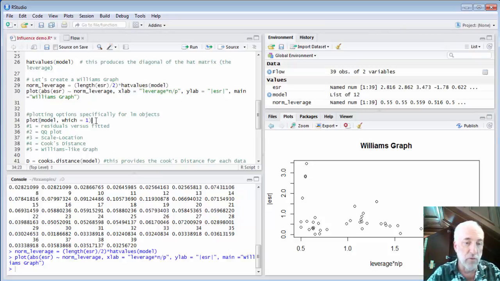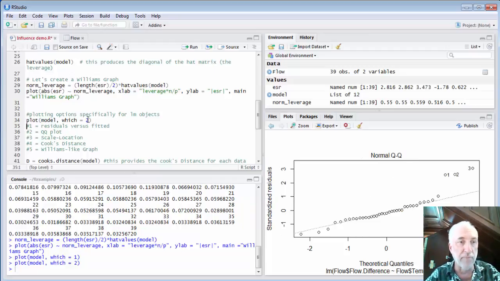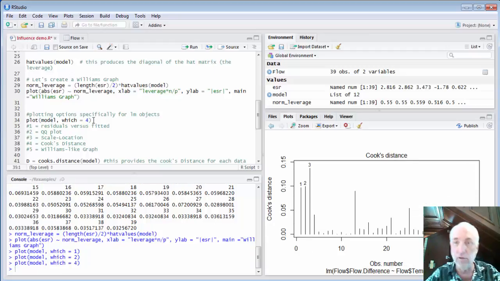If I do 1, I get a plot of the residuals versus the fitted values. If I do which equals 2, it gives me the QQ plot. We haven't talked about a scale-location plot, but what I want to look at is the Cook's distance, 4. If I plot 4, I get a Cook's distance graph.